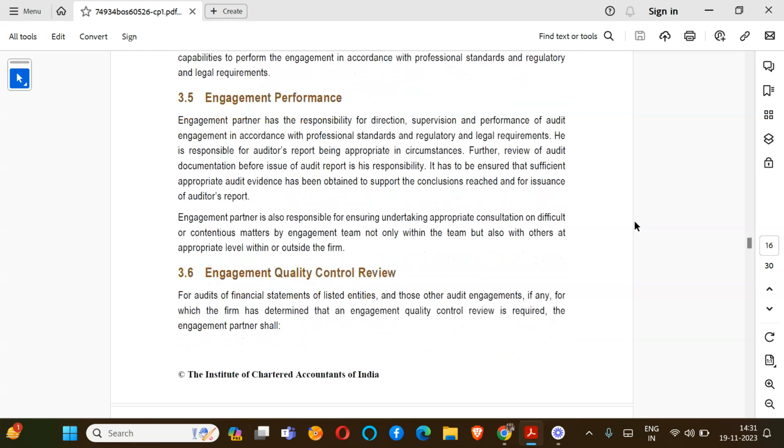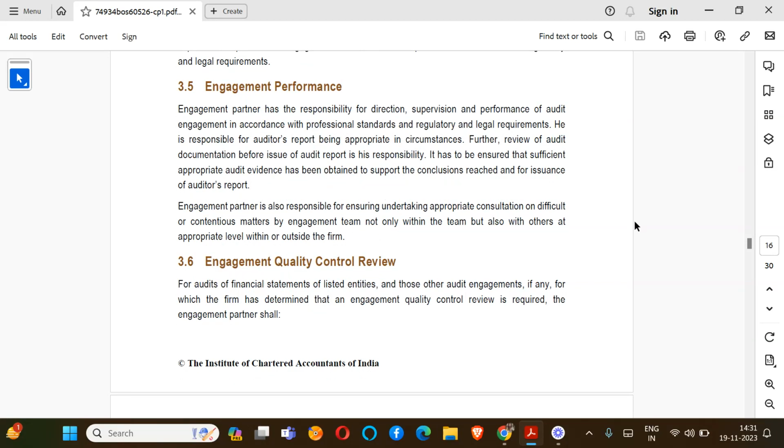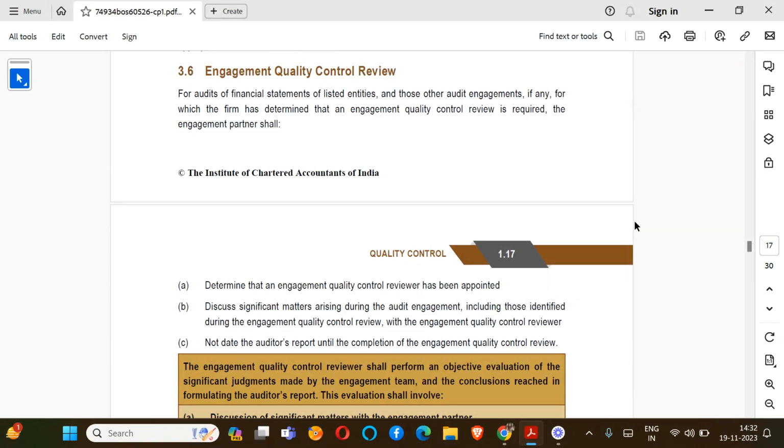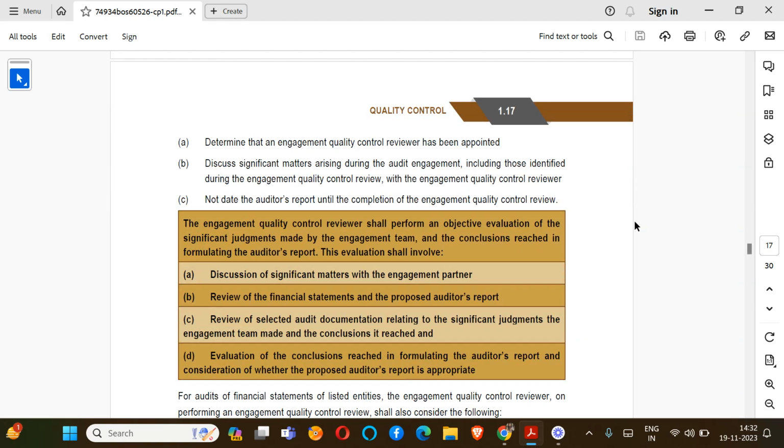Then engagement performance: we have to direct, we have to supervise, we have to perform the audit engagement in accordance with PRL requirements. Then we have to perform the review. Obviously, after all the audit is done, we have to review the audit also. That is engagement quality control review, which basically means we have to determine that the engagement reviewer has been appointed.